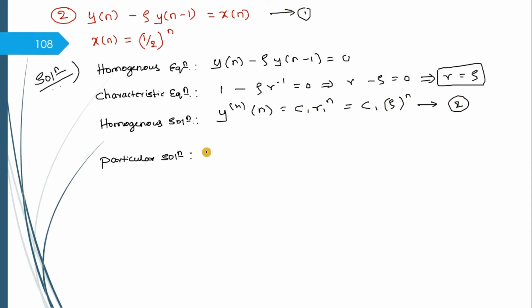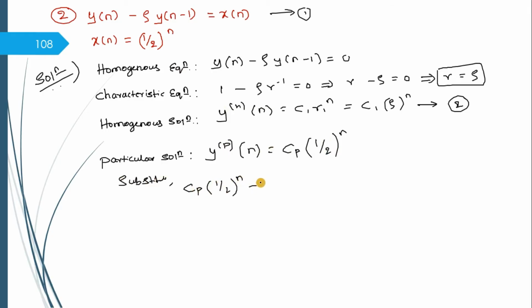Now the particular solution form. Quickly, we go on writing yp of n. Look at the input. Your particular solution is Cp alpha raised to n, and in place of alpha I have 1 by 2, so 1 by 2 raised to n. Substitute it, and you get Cp 1 by 2 raised to n minus rho Cp 1 by 2 raised to n minus 1, equal to 1 by 2 raised to n.